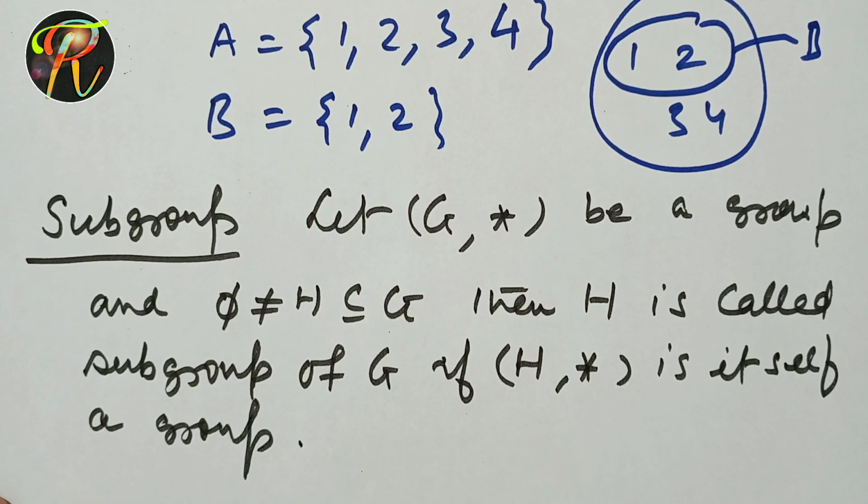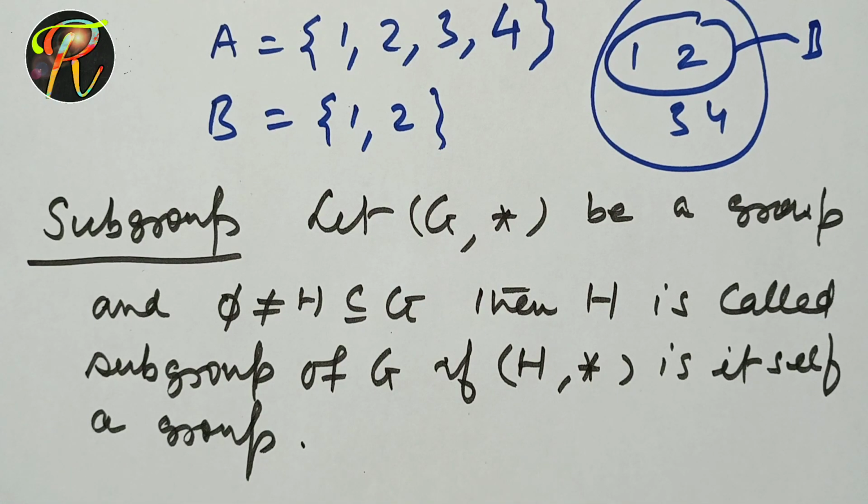So this is the definition. It means H is a subset as well as satisfying four properties. Then H is called a subgroup.